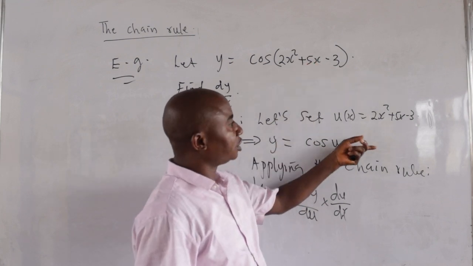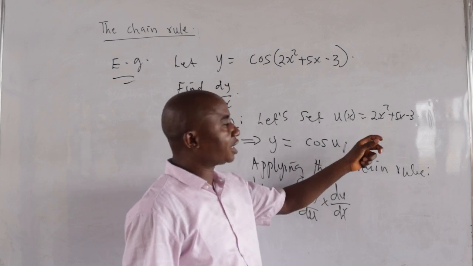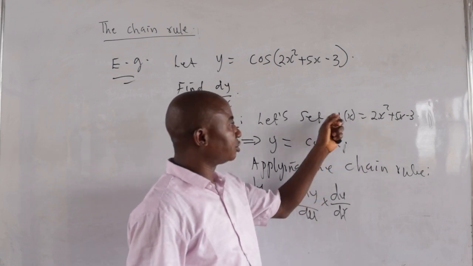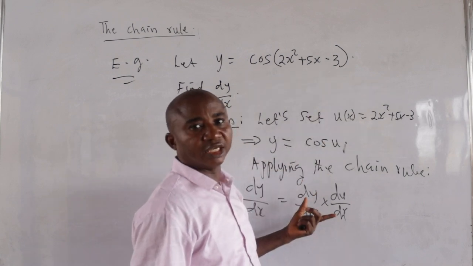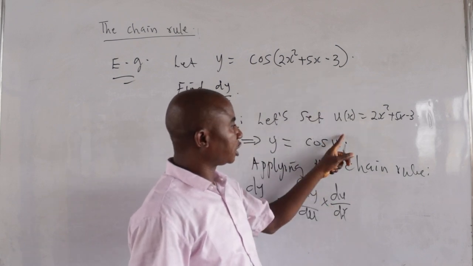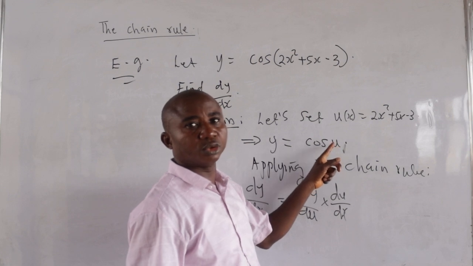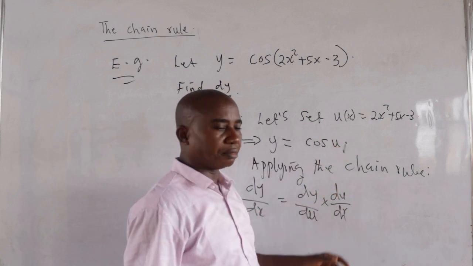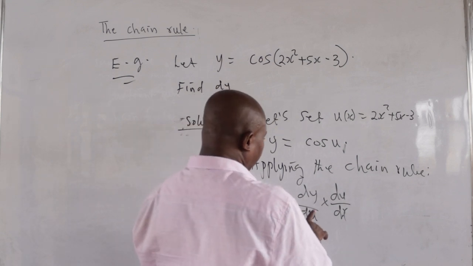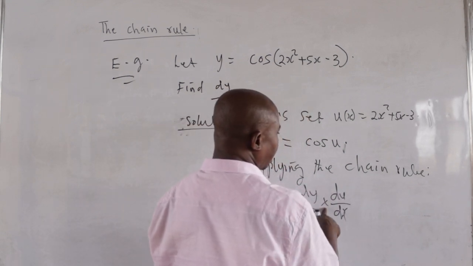You can use any other variable, provided you understand that you are trying to reduce this expression to what is manageable using the chain rule. So do not get bothered that I'm always using u. You can use v, you can use p, something like that. Okay. So we have dy by du times du by dx.